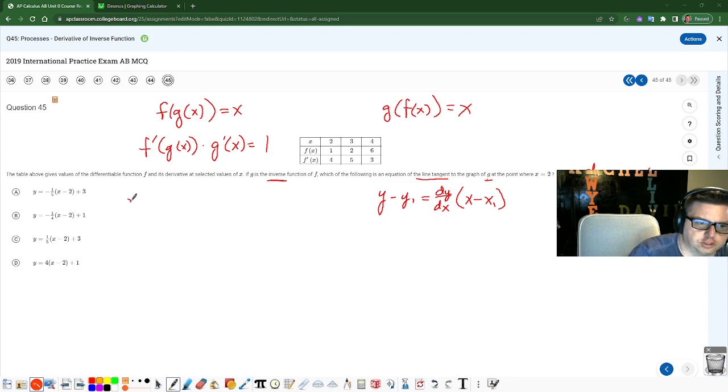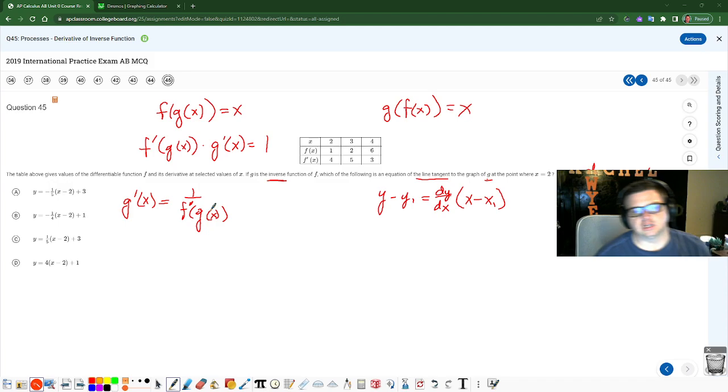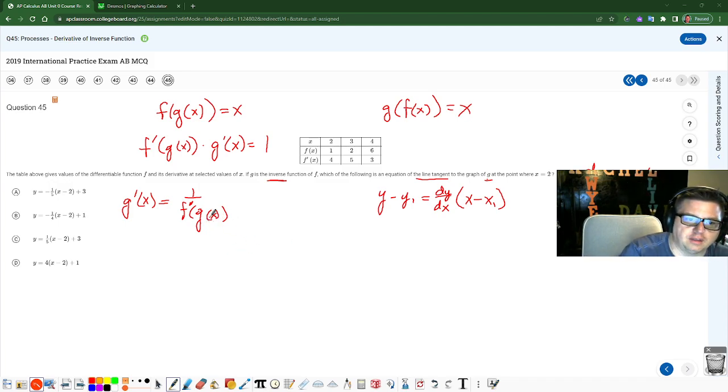Because then g prime of x will equal 1 over f prime at g of x, which doesn't help me because I don't know the values of g to plug back into this. But if I do this one, g prime of f of x times f prime of x equals 1.